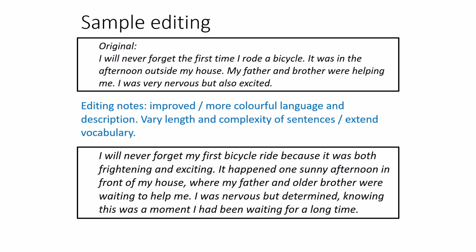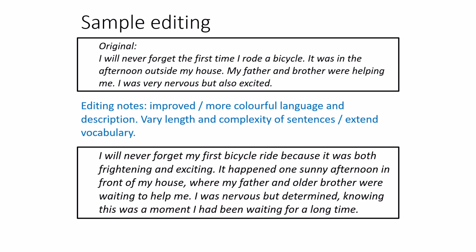Second sentence at the top: My father and brother were helping me. Second sentence in the edited version: It happened one sunny afternoon in front of my house, the place where my father and older brother were waiting to help me. Then, I was nervous but determined. I spell out my feeling and I give 2 words that describe that.